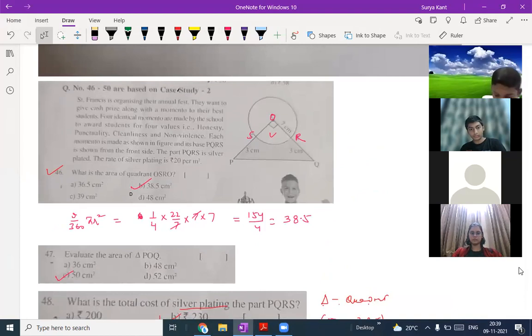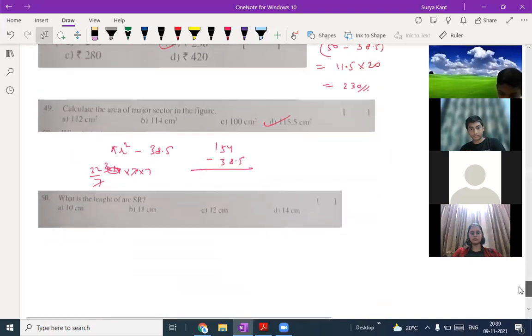Is it the length of the arc or the length of that line? SR is not a line, it's an arc only. It's coming curve-like. Please check if it has mentioned arc or not. Yes, the arc SR is mentioned.